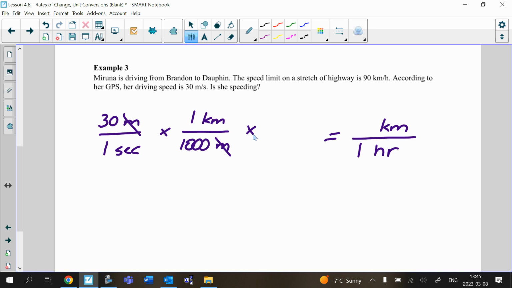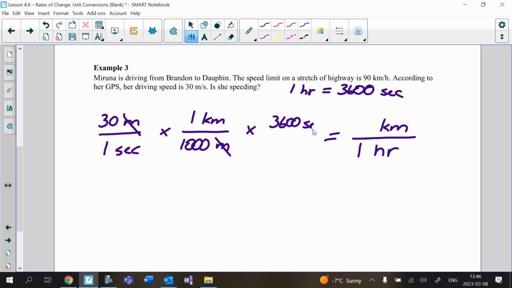60. So 60 times 60, 1 hour equals 3,600 seconds. So what I'm going to do is put the 3,600 seconds up top here because I can cancel. And I'm going to put the 1 hour down here. So notice, look at the units I have left. Kilometers per hour.